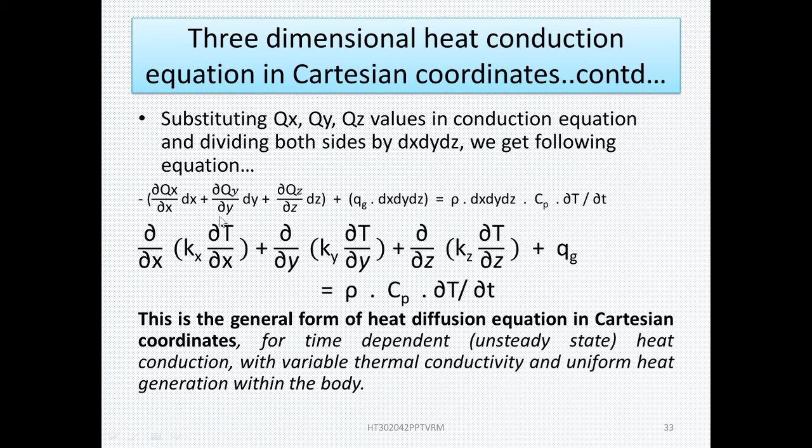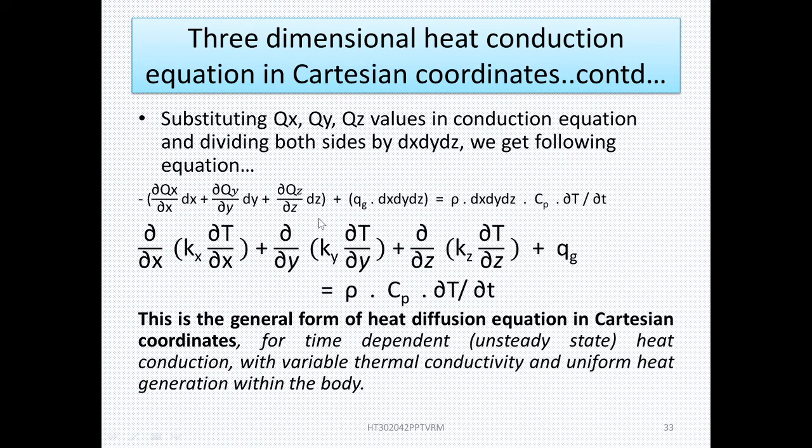In the second, there is qy, so dy is there and the area comes as dx dz. So again it becomes dx dy dz. In the third term also, in place of qz, dz is already there and the area is dx dy. So in all these terms, dx dy dz becomes common. So we take it outside and divide the whole equation by dx dy dz.